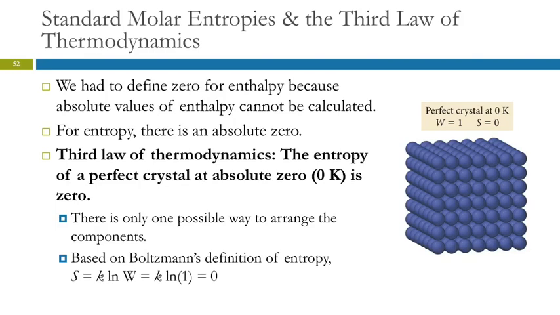In a perfect crystal, there's only one way to arrange the components, right? And Boltzmann's definition of entropy was S equals k times the natural log of W. So here we end up with W is 1, and so the entropy is 0. So that's our definition of 0 for entropy.